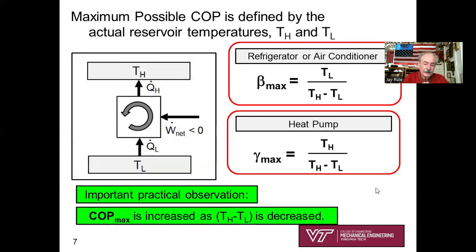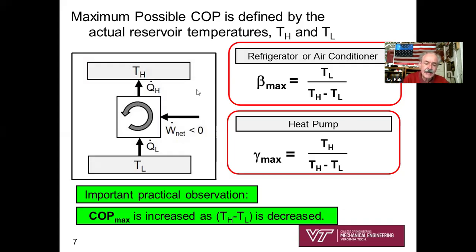Another one of my thermodynamics professors, Dr. Fury, a senior professor in mechanical engineering, he did a great job of looking at the maximum possible coefficients of performance for both a refrigerator and heat pump. And I recall so vividly him doing that, but also he wanted to look at the numerics of how the values turned out.